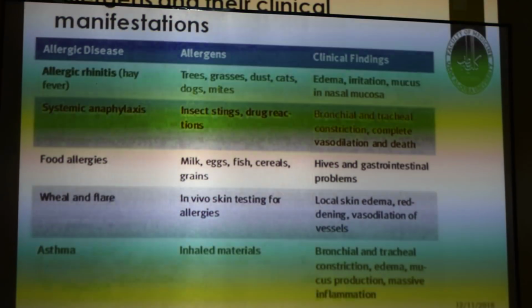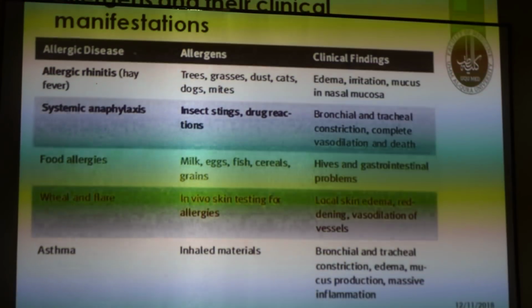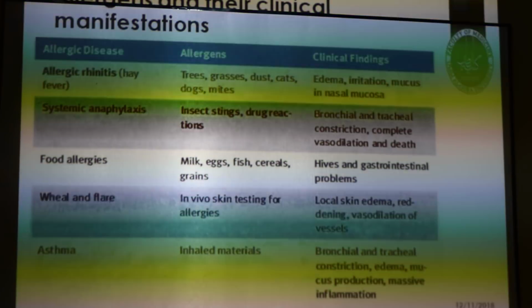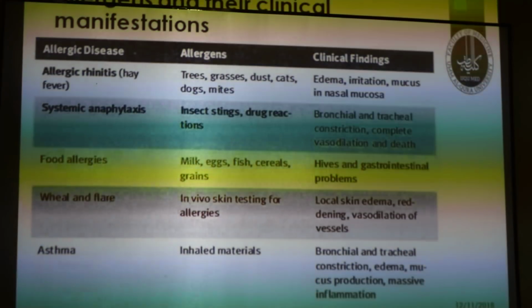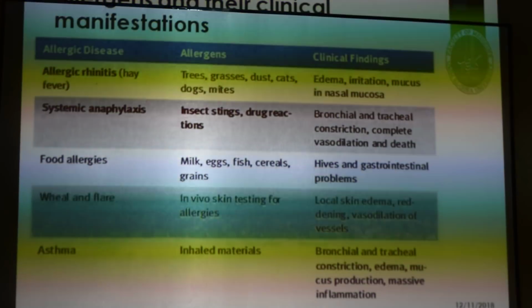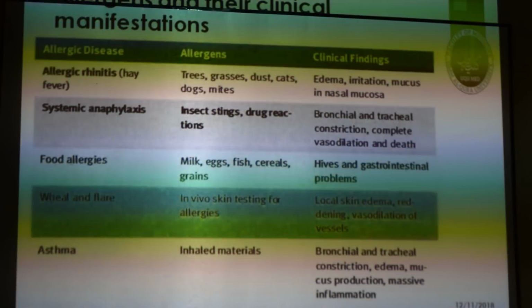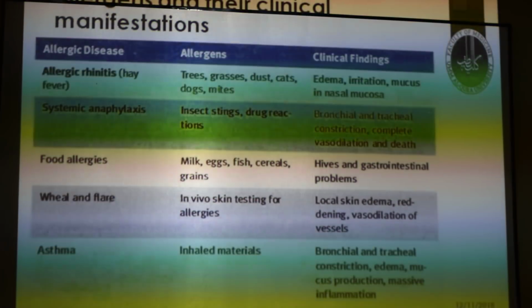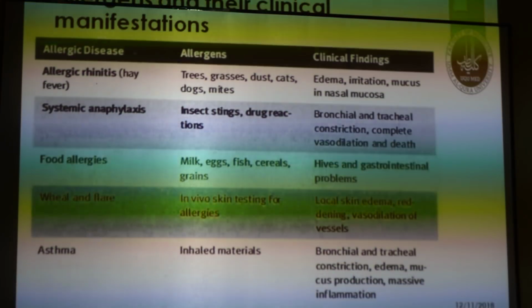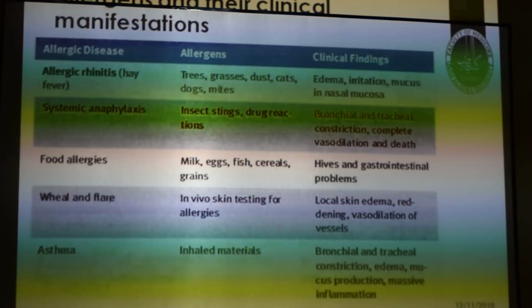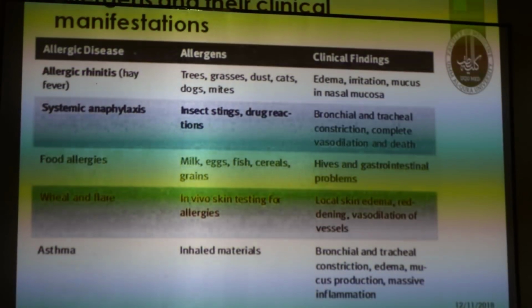Asthma will be discussed in the coming lectures, but here I am focusing on wheal and flare, in vivo skin testing for allergies. This is very important because a lot of times people confuse the skin test done for type 1 with delayed type hypersensitivity reactions. So we'll see what the differences are.